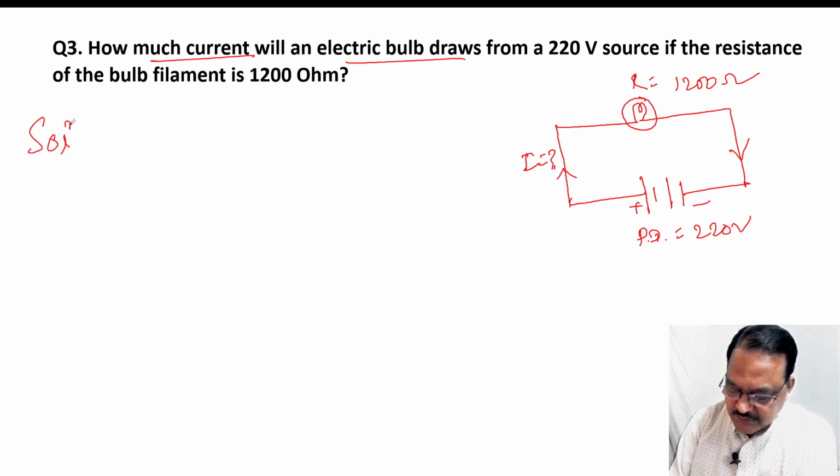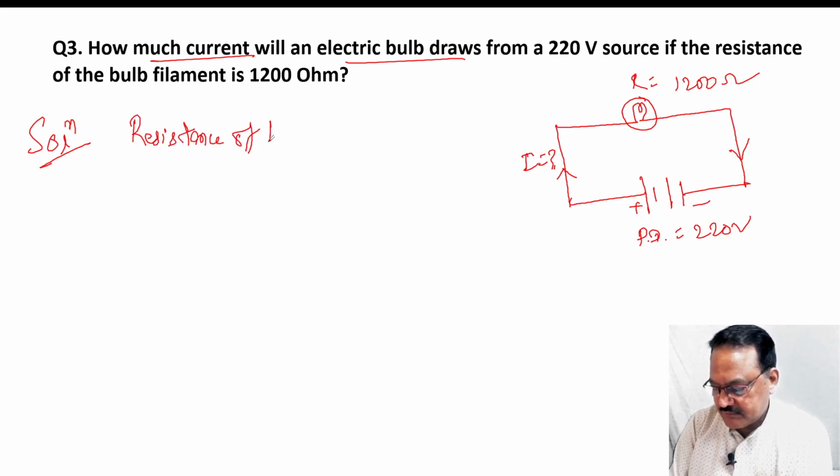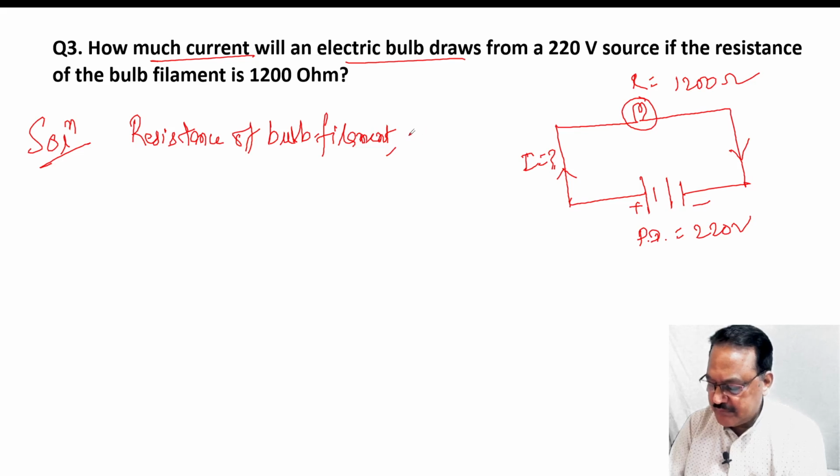So let us write once more the parameters here. Resistance of the bulb filament, let us denote it by R, equal to 1200 ohm.